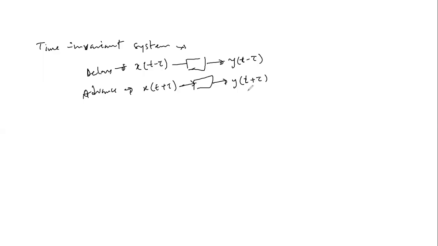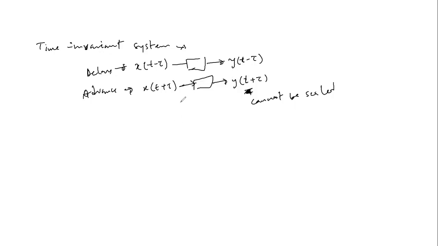In other words, the time parameter cannot be scaled. So should we get a time scaled version of the signal at the output, then we'll say it is time variant.